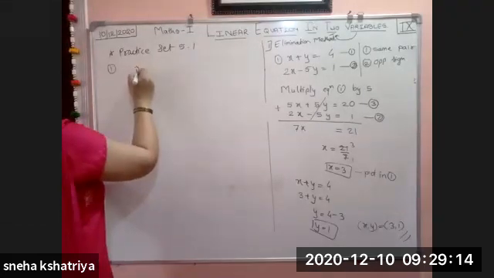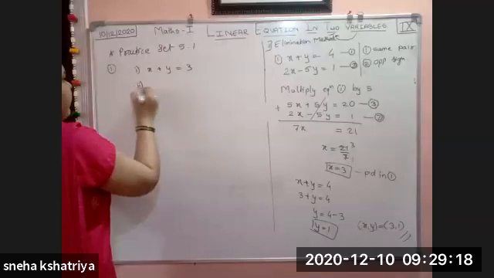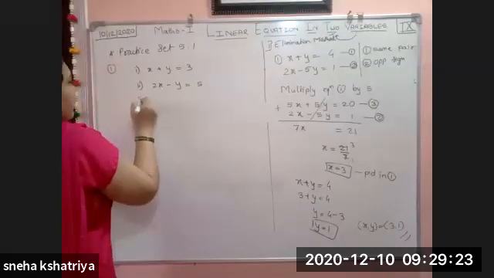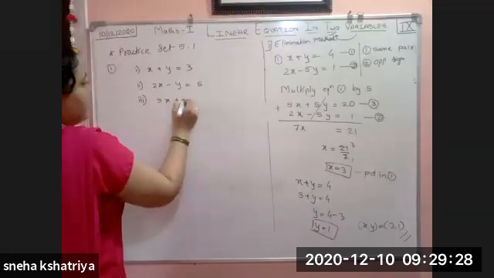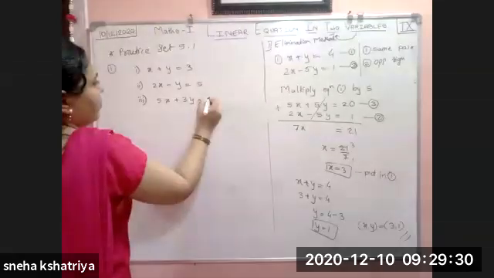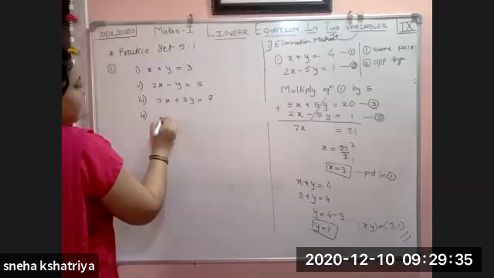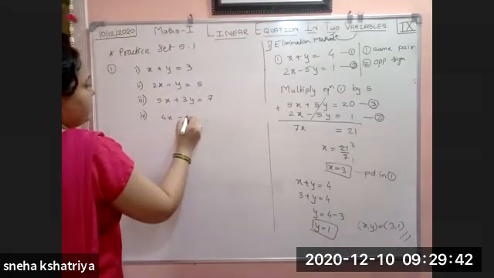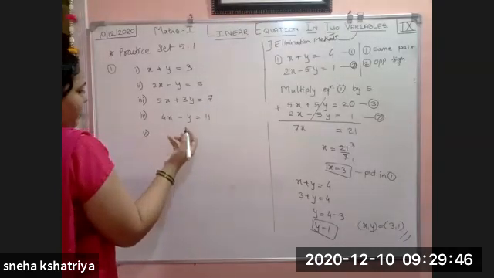So first we can say x plus y is equal to 3. Second one we can say 2x minus y is equal to 5. Third one we can say 5x plus 3y is equal to 7. Then we can say 4x minus y is equal to 11, and whatever you want we can write there.